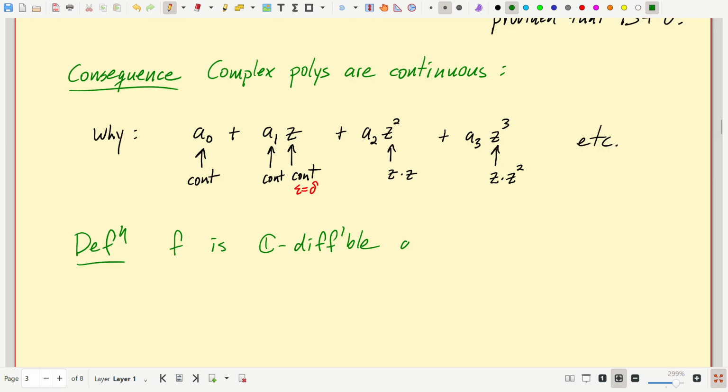At z naught, if the limit as z tends to z naught of the difference quotient, f of z minus f of z naught over z minus z naught, exists.